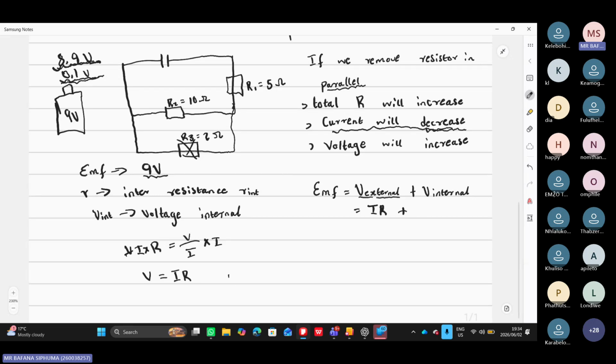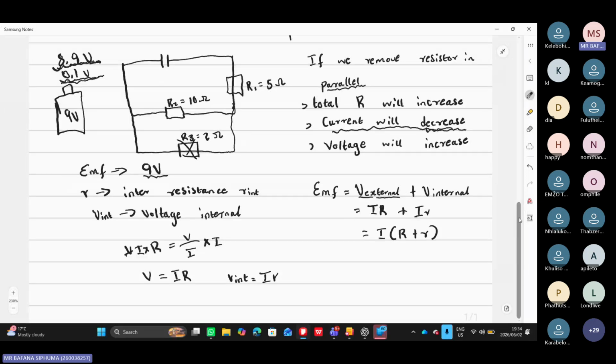For V internal, we actually use a capital letter I and a small letter r. So if I take a common factor, my formula will be I times R plus small letter r. But I want to emphasize one thing.